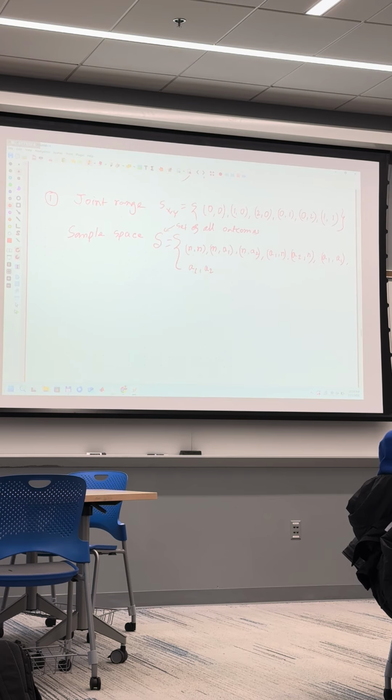So this packet can go to output port number 1, this packet can go to output port number 2. Same thing, A2, A1, and similarly A2, A2. That's it. So 1, 2, 3, 4, 5, 6, 7, 8, 9. Total 9 outcomes that you can see.